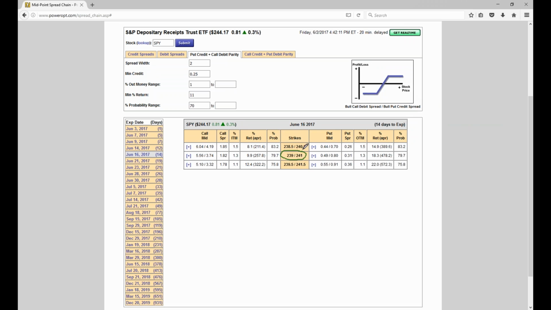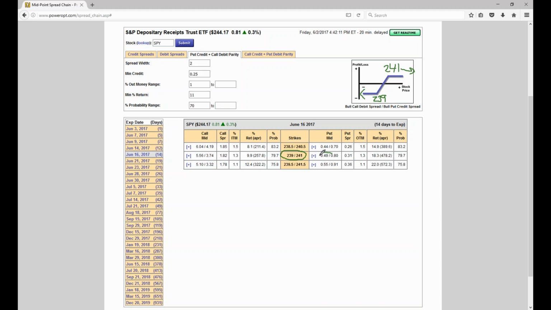The 239, 241 bull put spread, where we'd be selling a 241 put on SPY, currently at 244.17, and we'd buy the 239 put. Of course, as long as the stock stays above 241, both puts expire worthless, we keep our net credit. Our max risk is realized if the stock stays below 239.